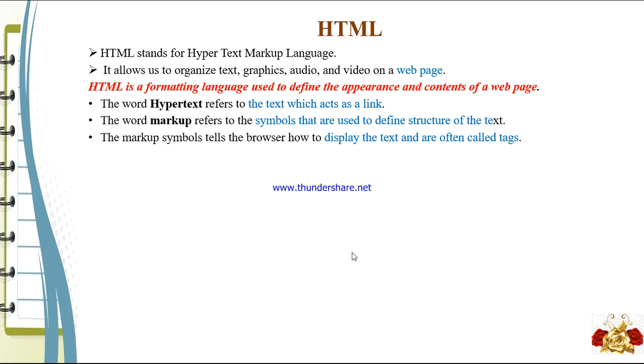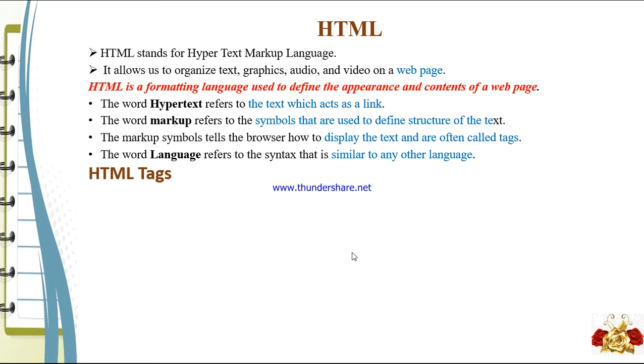These markup symbols tell the browser how to display the text and are often called tags. The tag only tells the browser how to display the text and other things. The last word, language, refers to the syntax, which is similar to any other language. This is generally the basic concept of HTML.